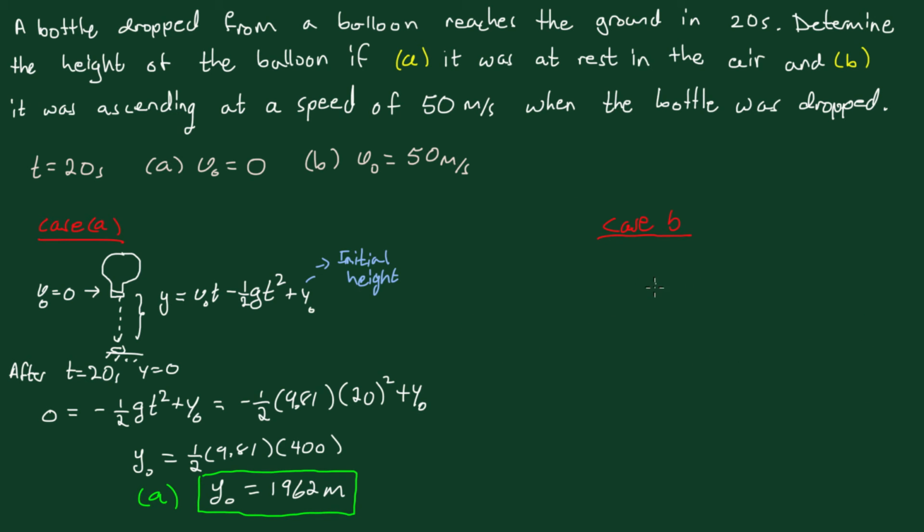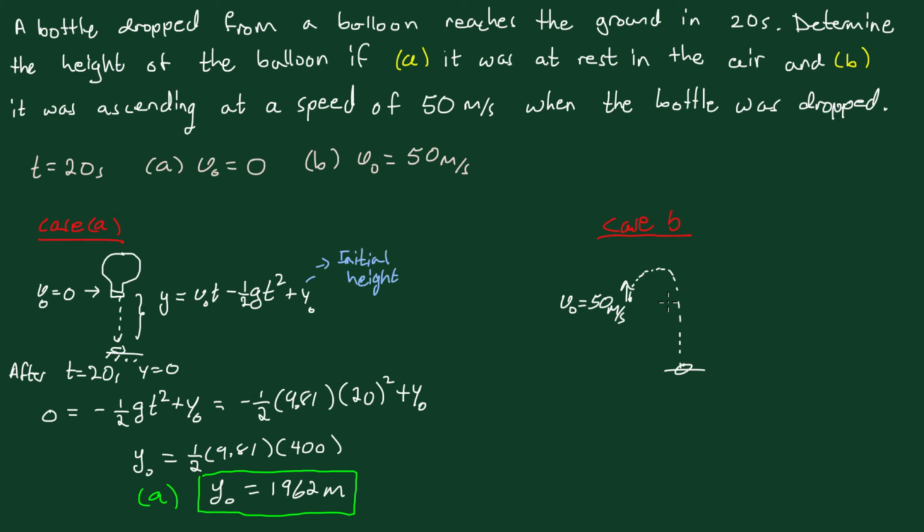Suppose that the hot air balloon is rising and the bottle is released. The trajectory of the bottle is going to look something like this. Let's say it was released at this point. It's going to rise up a little bit and then fall down until it reaches y equals 0. So its initial velocity is directed upwards with v0 equaling 50 meters per second.